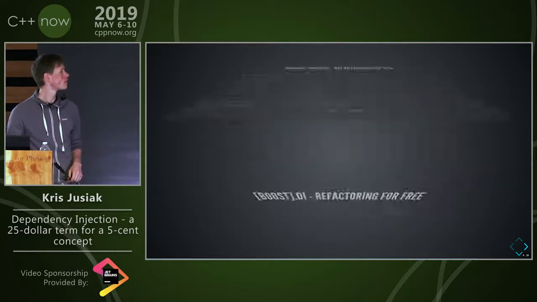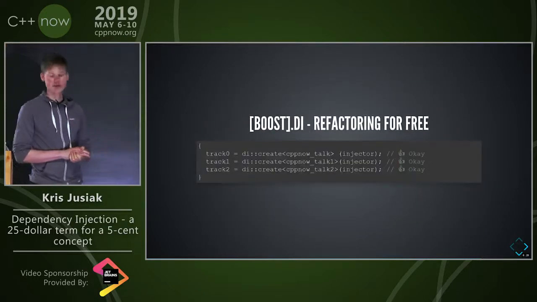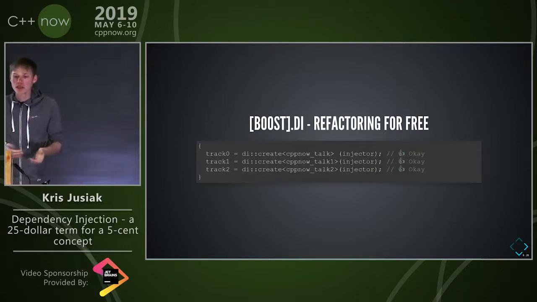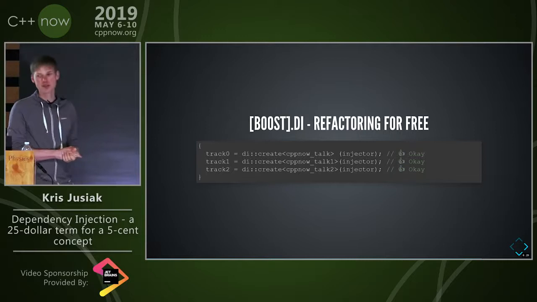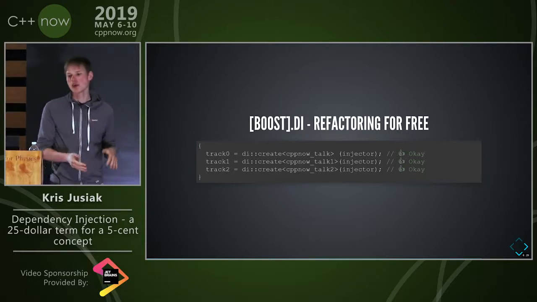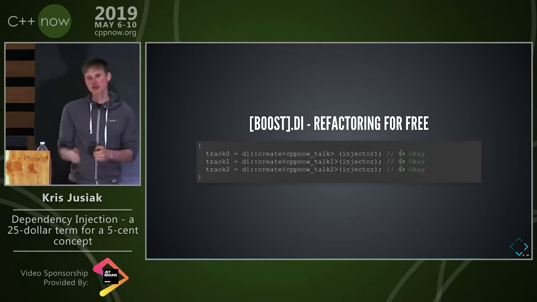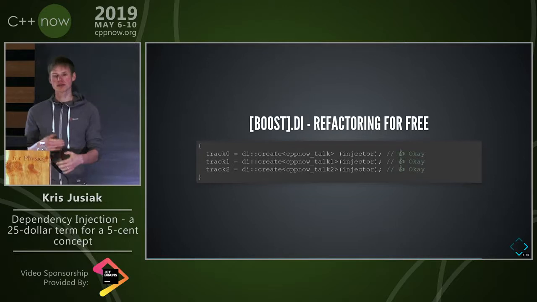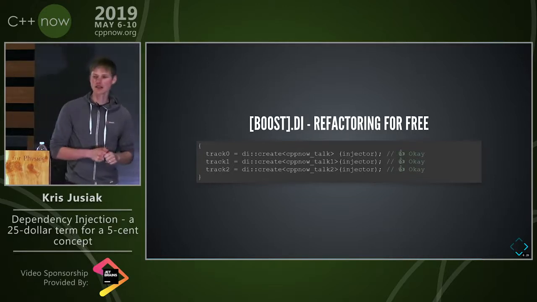With frameworks, we can actually just say create as before, because the power of wiring is the fact that it deduces the constructor parameters for us. And it doesn't matter whether it's a unique pointer, shared pointer or reference, it will deduce the lifetime as well and hopefully do the right thing.